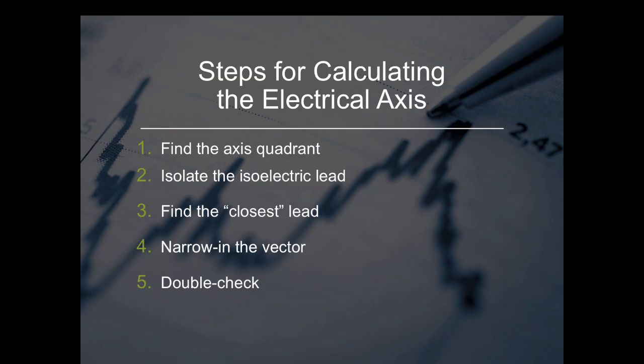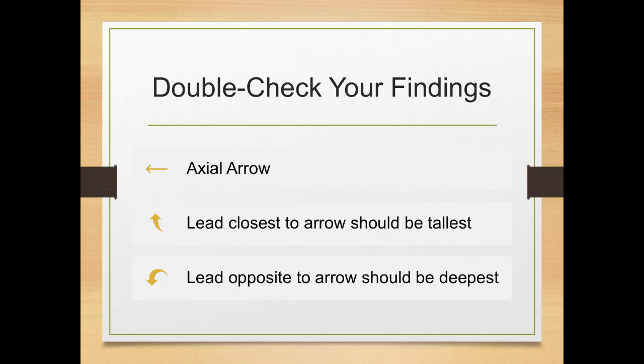And now we can double check. It's pretty easy to double check our findings and make sure that what we found was what we found. So we look at our axial arrow, that red arrow that we drew perpendicular to our isoelectric lead on the hexaxial diagram.